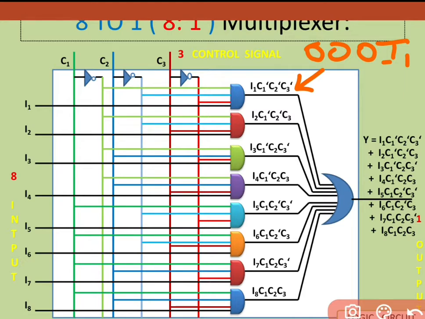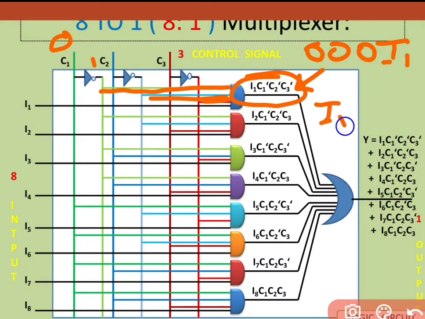That's why the signal 0 is forwarded towards them. C1, when it provides 0, it becomes 1, and 1 is forwarded inside it. Then this equation provides you I1 1 1 1, and the answer will be I1.